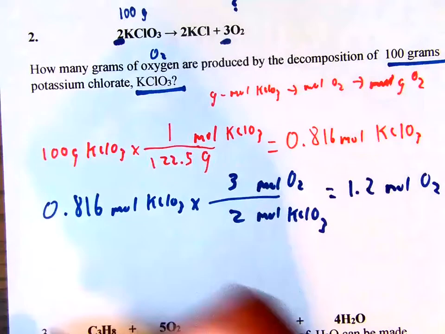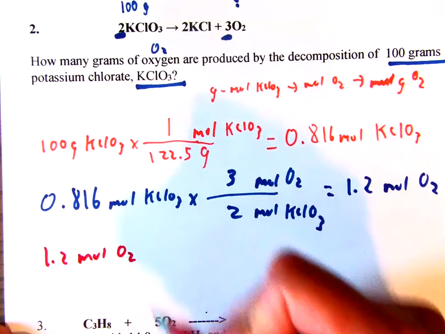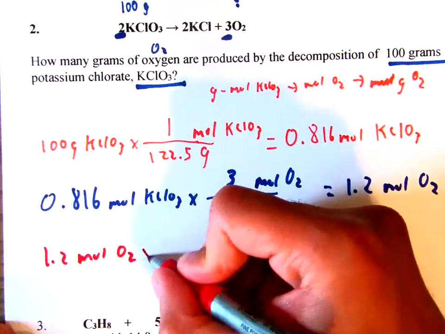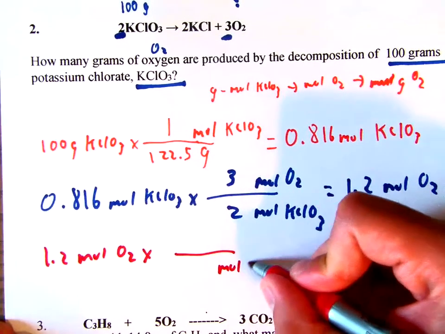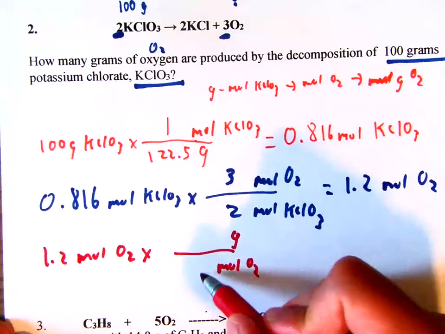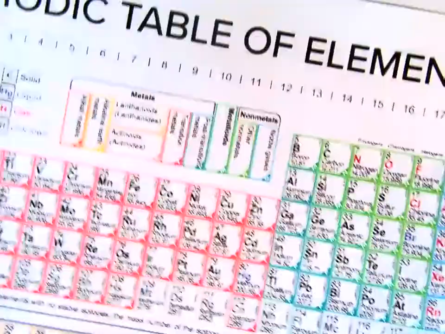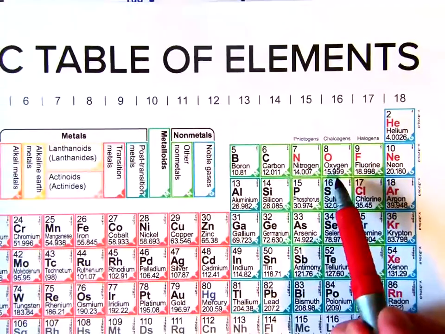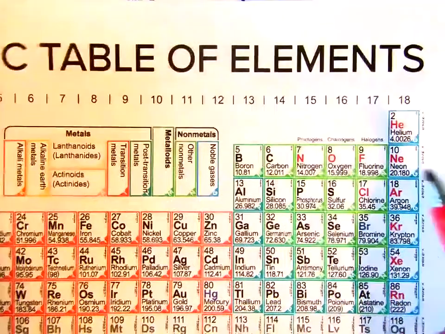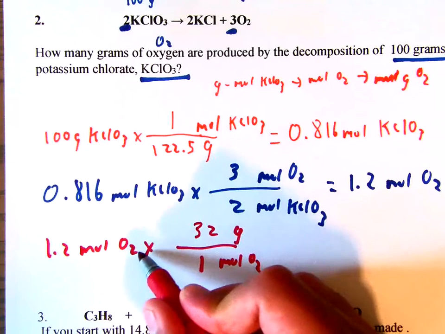Last step, we have to turn this into grams. So I have 1.2 moles of O2 times moles in the bottom, grams on top, because that's what I want. 1 mole of O2 equals, well, oxygen has a mass of 16, and 16 times 2 gives me a mass of 32. I went times 2 because I have 2 oxygen.